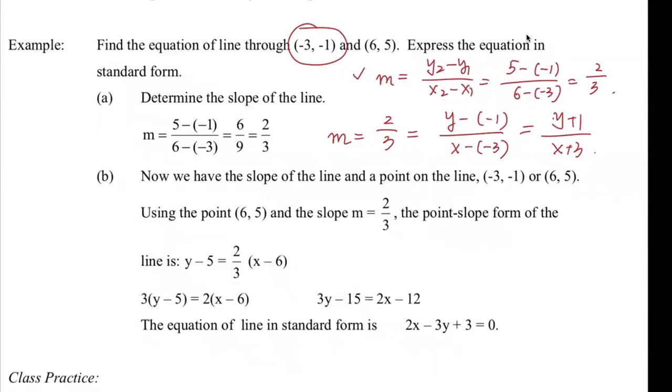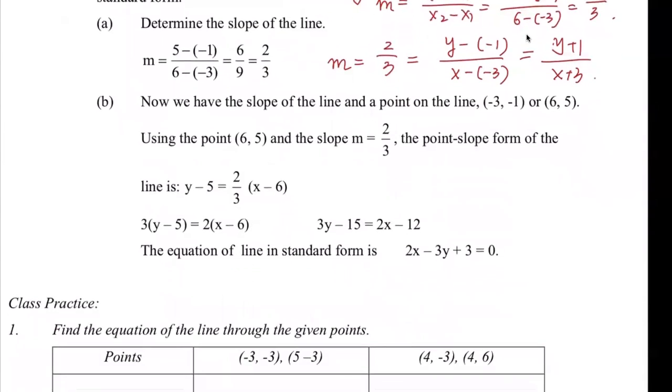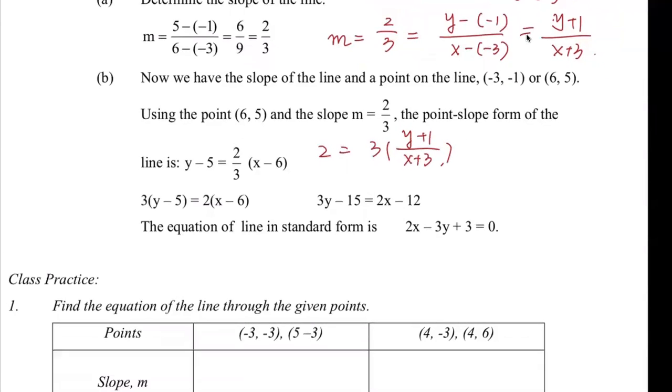Now we need to get rid of the fraction, right? First step, we can multiply 3 to both sides of the equation. So 2 is equal to 3 times y plus 1 over x plus 3. Now we need to get rid of the denominator on the right side, which is multiply x plus 3 to both sides of the equation.